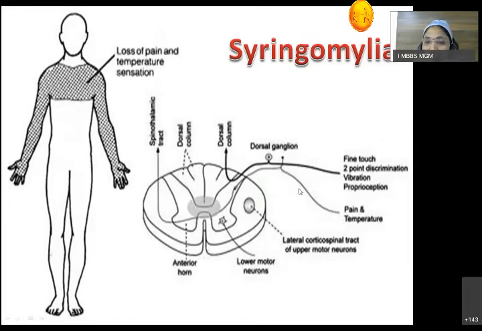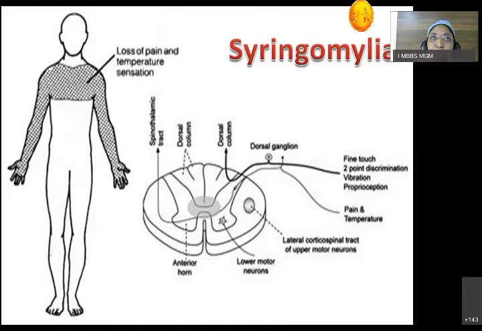Now let us see. This is the cell body of the first order neuron. Central processes enter the dorsal gray column, and they terminate in the nucleus which is responsible for pain and temperature. Which nucleus is it?